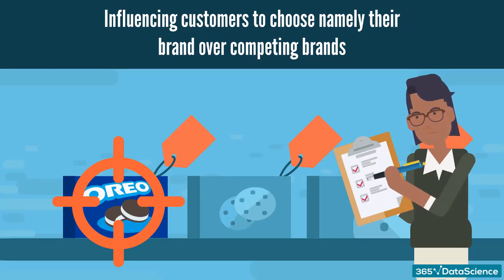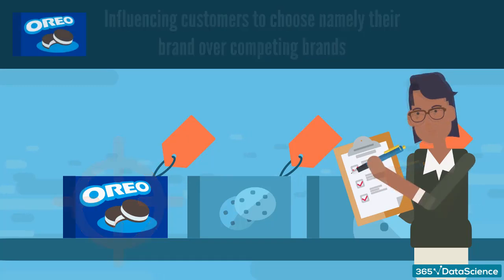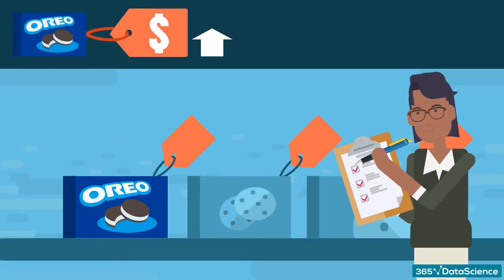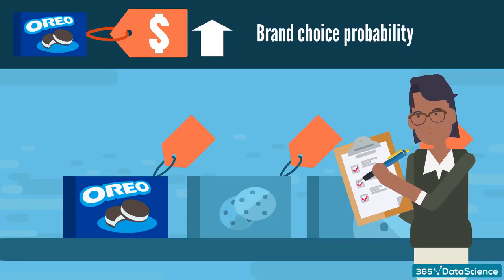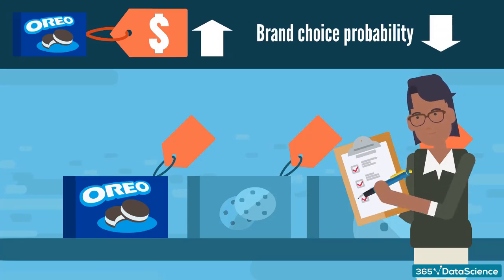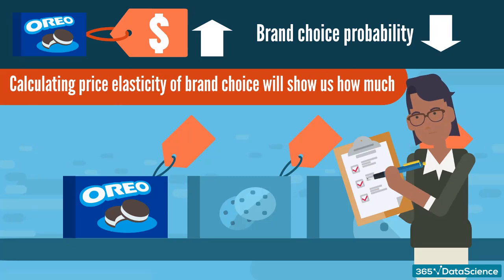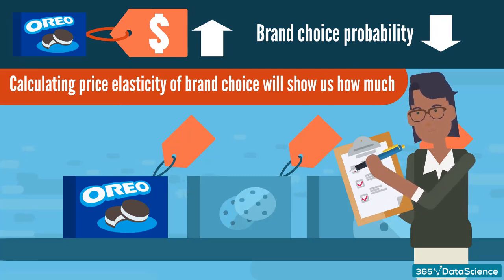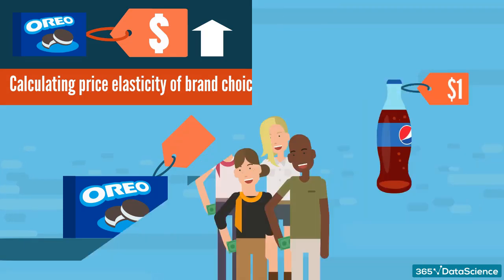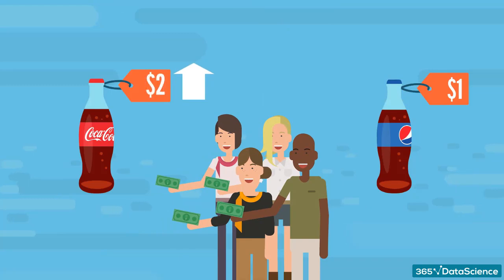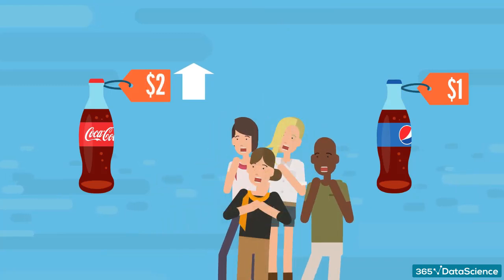Similar to purchase probability, we can assume that if the price of a product from a given brand increases, the brand choice probability for that brand decreases. Again, calculating price elasticity of brand choice for a brand with respect to the price of that brand would show us exactly how much.